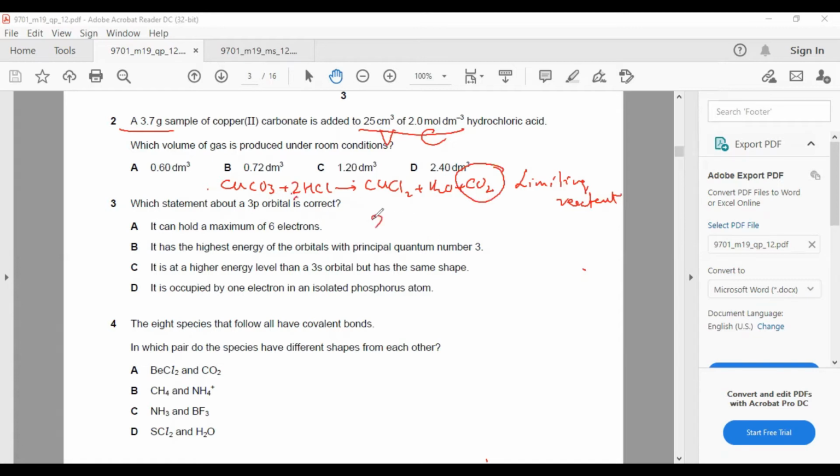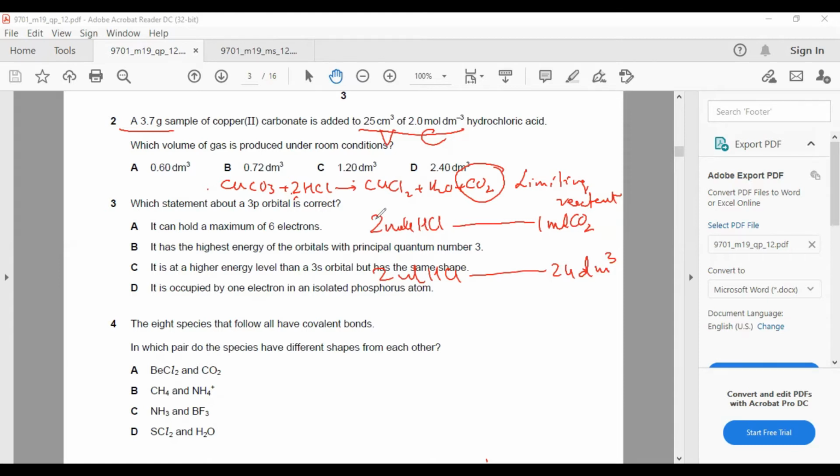2 mole HCl gives 1 mole carbon dioxide. 1 mole carbon dioxide means 2 mole HCl, we can say 24 dm cube carbon dioxide.